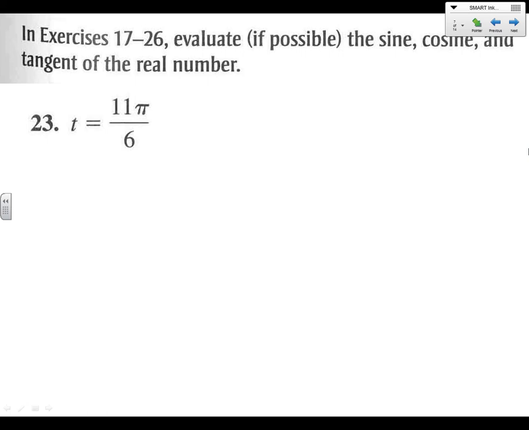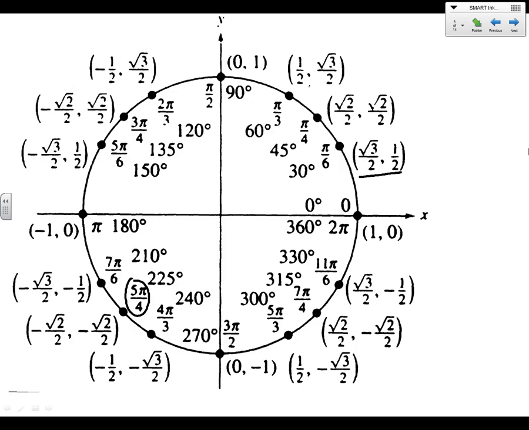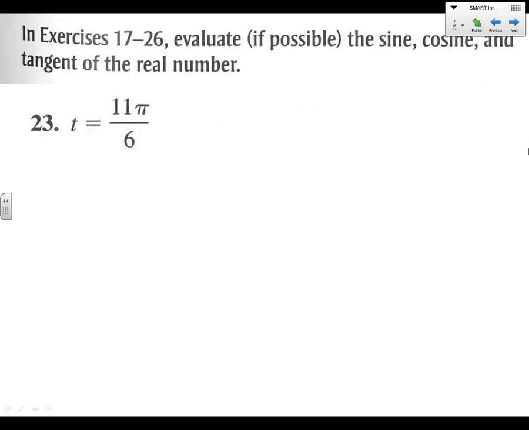Find sine, cosine, and tangent for 11π/6. All right. I'm going to flip back, take a look at our unit circle. And 11π/6 has an x of √3/2 and a y of -1/2. So x is -√3/2, and the y is 1/2.